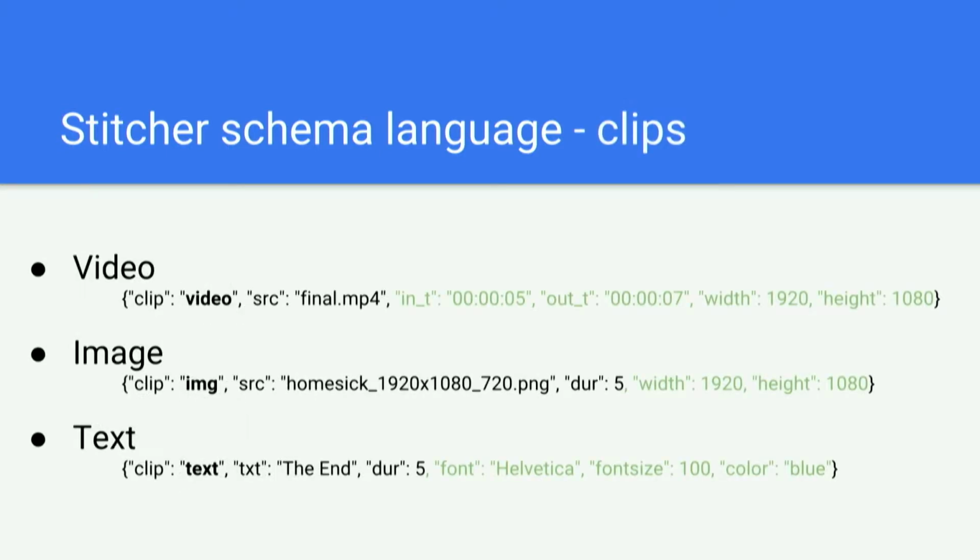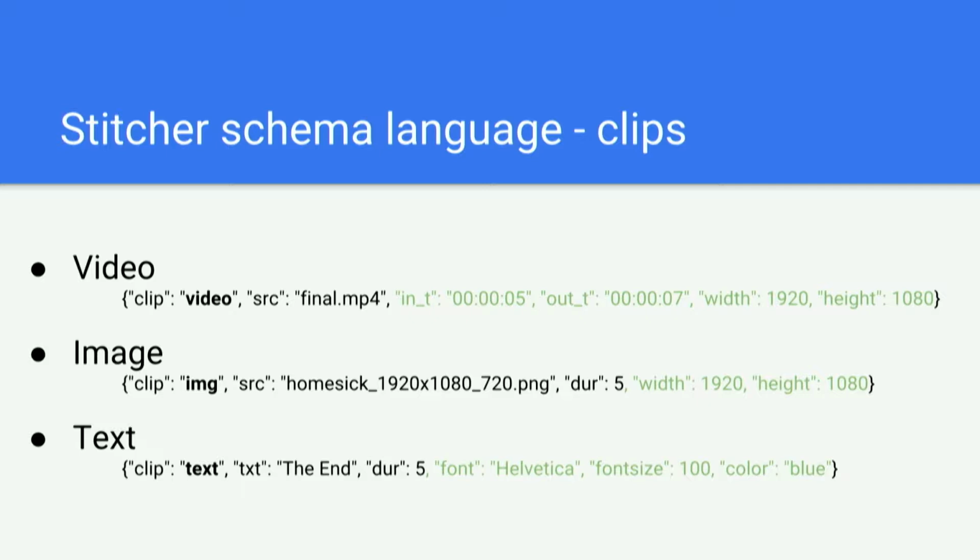So examples of the clips. For video, the required fields: you want to be able to describe that the clip is a video, and you give it the source at some URL or a file name.